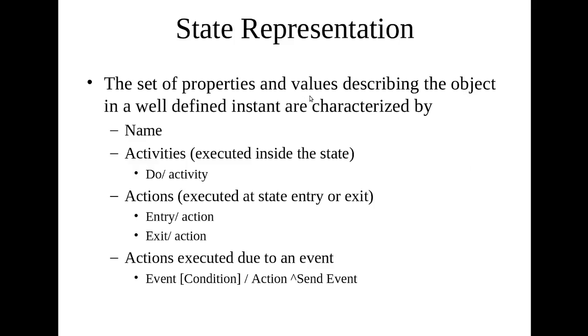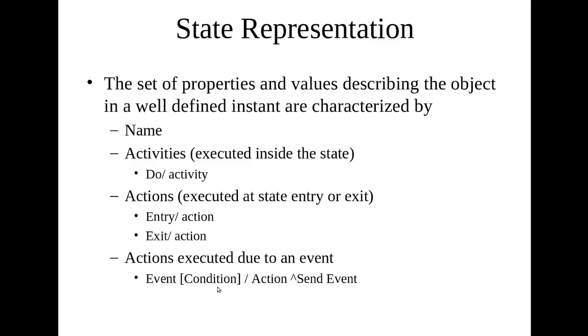So the set of properties and values describes the object. We are talking about the things which will be there in the state. You will have the name of the state, the activities, that is, what things are being done when you are in this state, and the entry and exit actions.